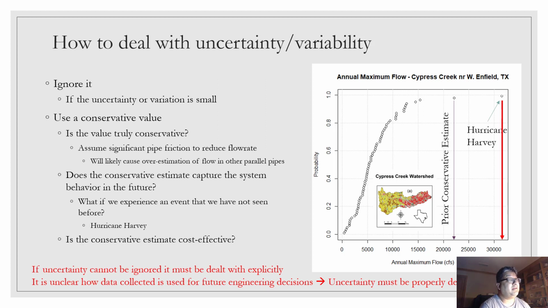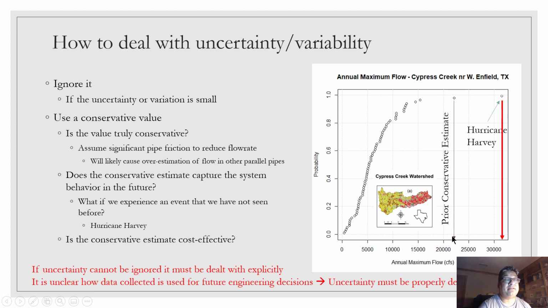The other approach is that we see the variability, then we say, okay, we'll use a conservative value. And the question then becomes, is that value truly conservative? As an example, let's look at the probability of seeing a peak flow in Cypress Creek watershed, which is very close to Houston. If I had looked at data before 2017, my most conservative estimate would place me at about 22,000 cubic feet per second flow rate.